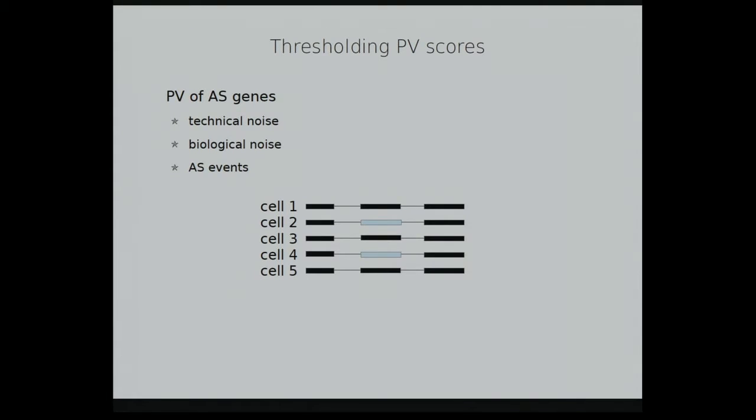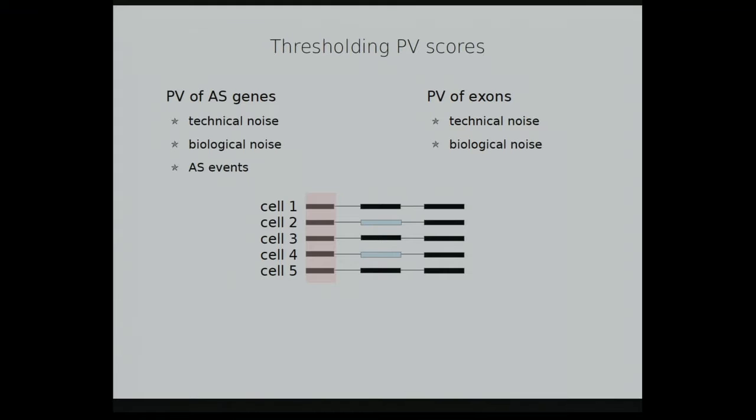So how do we actually distinguish the alternative splicing events from all these noise terms? What we do is make use of the exons. So the PV of exons is calculated over only the region of each exon.